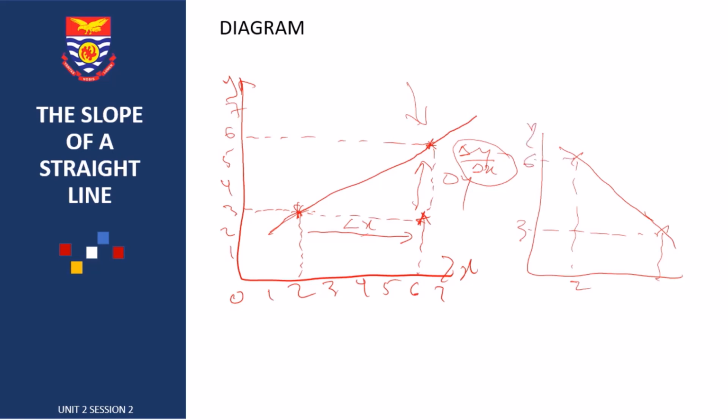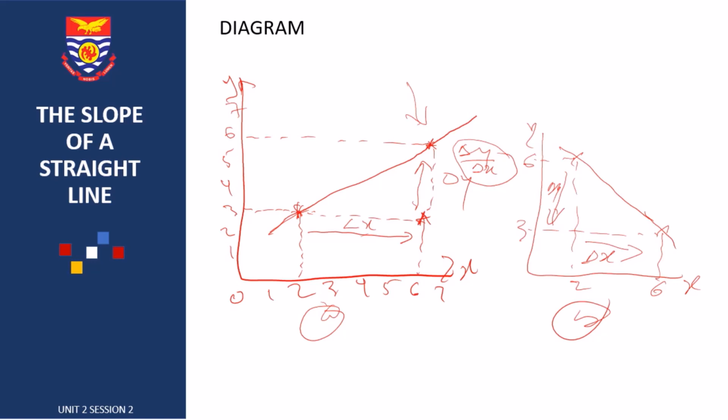Remember, here is y, here is x. So here we see that x increased but y decreased, right? So there is a change in y, and a change in x. Now I'll name this diagram A, and this diagram B. Take note of this.